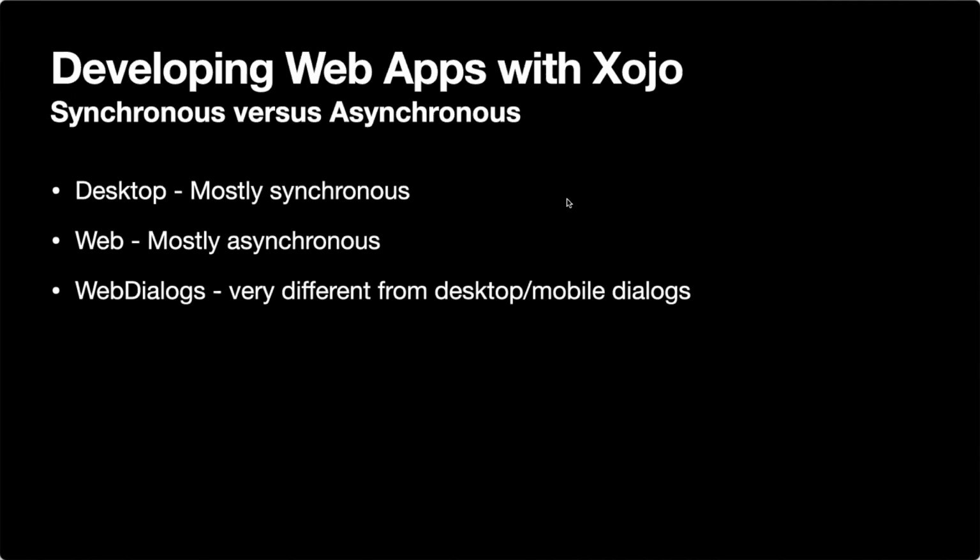In the web framework, there's a class called a web dialog. It's a project item. You can add it right into your project. And the way this works is you design your dialog just like you normally would, drag and drop and all that. And then for the page where you want to call that dialog, you drag it onto that page, and it becomes an object on that page.